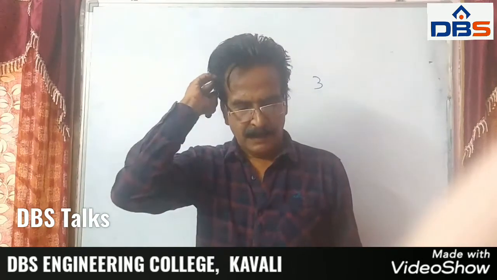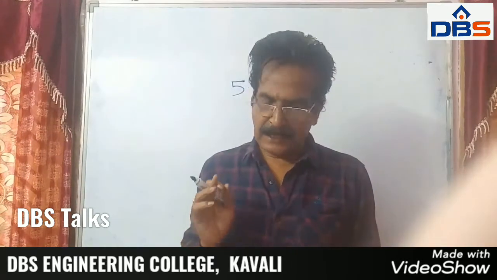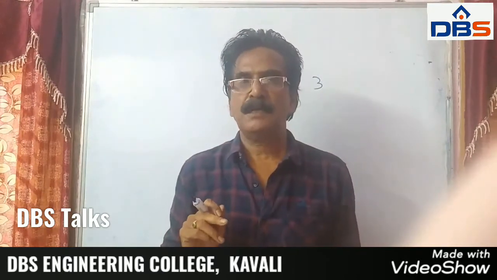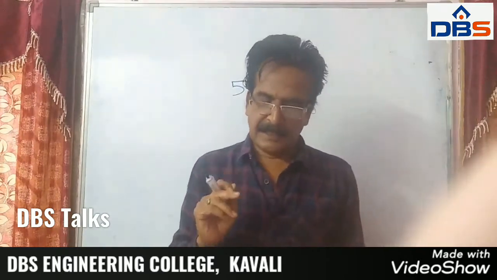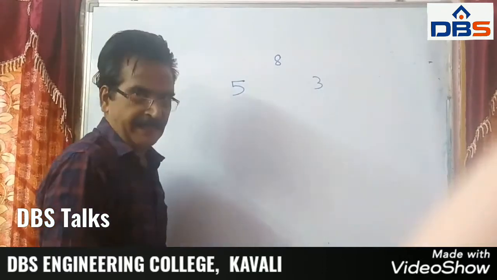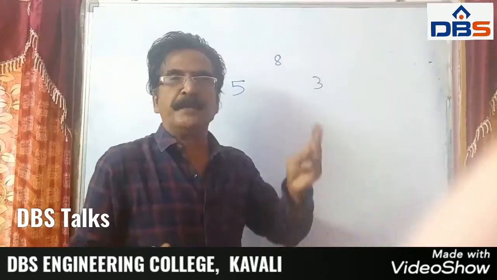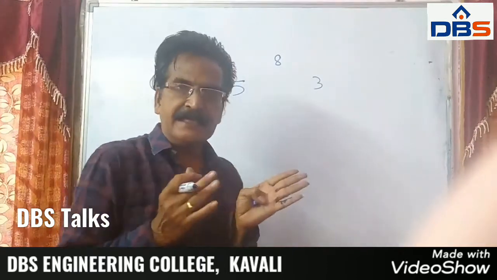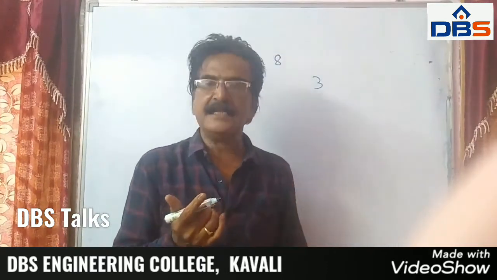Both the tables being round. The number of ways in which the guests can be arranged is? In how many ways can these 8 guests be arranged?